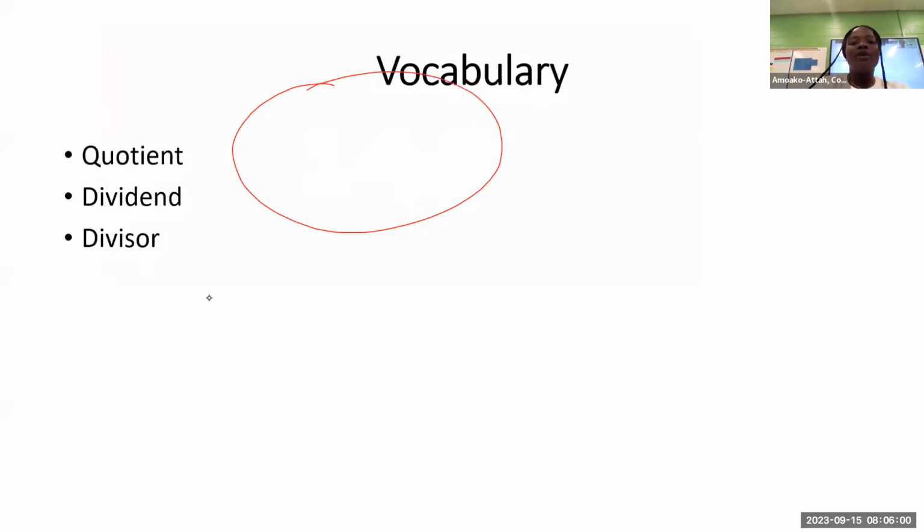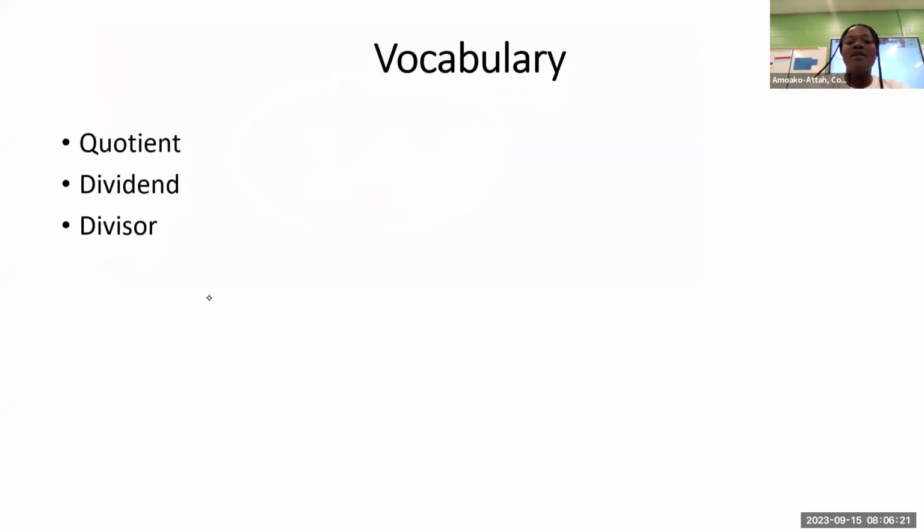So the vocabulary I will be introducing to you is quotients, dividends, and divisor. So these are the basic, then we add remainder to it. So we should be able to identify these vocabularies or define these vocabularies.